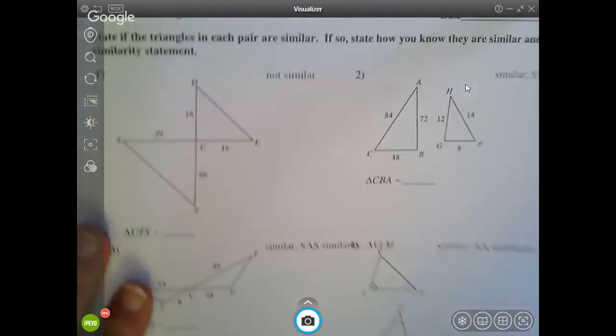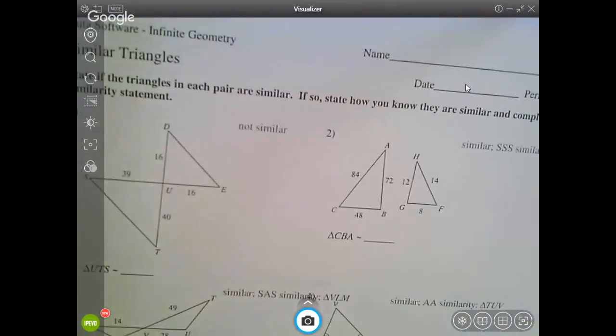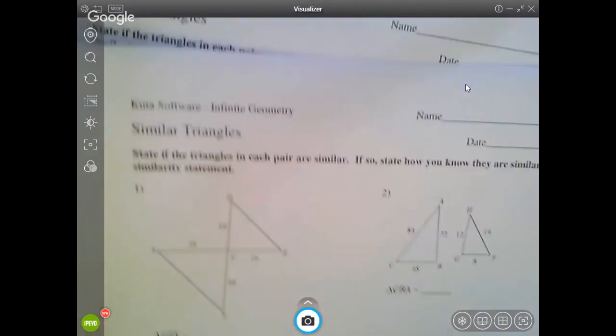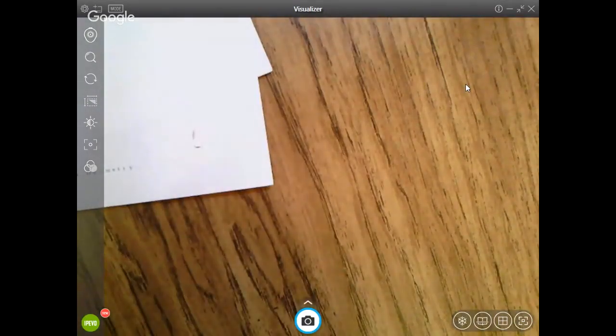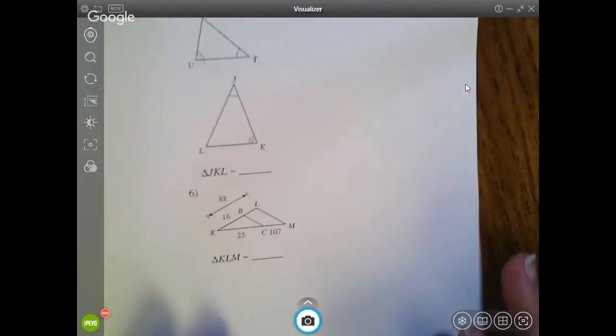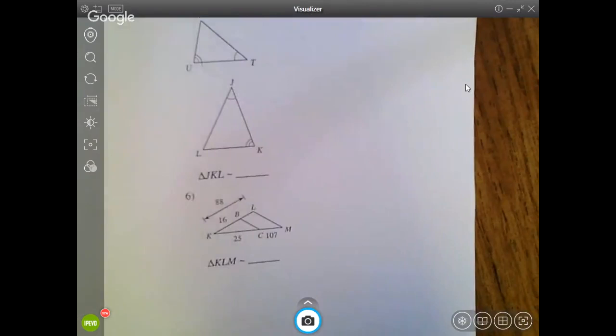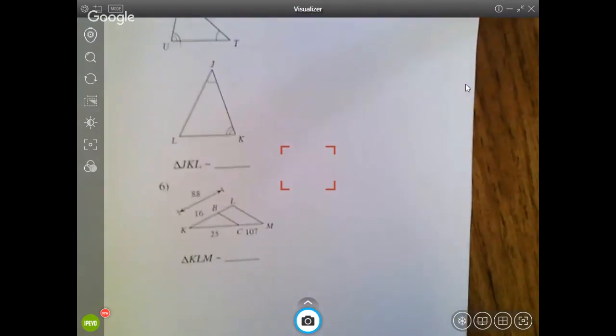All right, let's look at similar triangles. Okay, here, for example, if you have to determine if something is similar, you need to check those proportions.